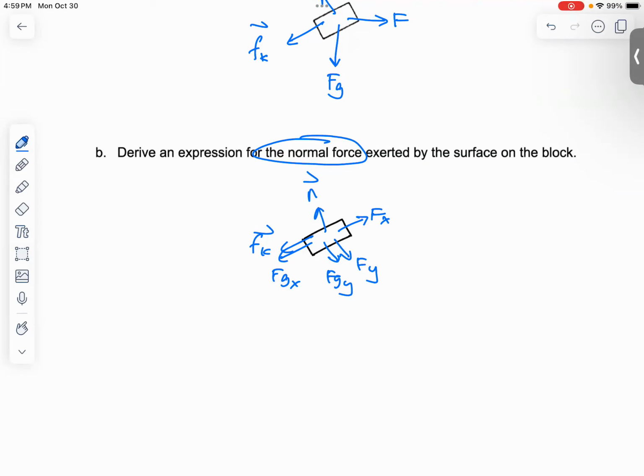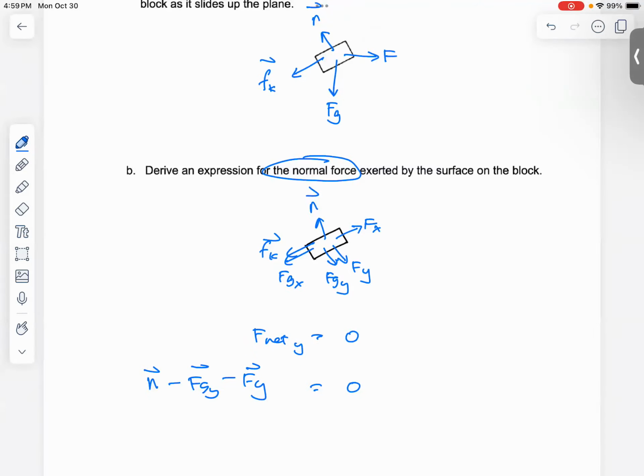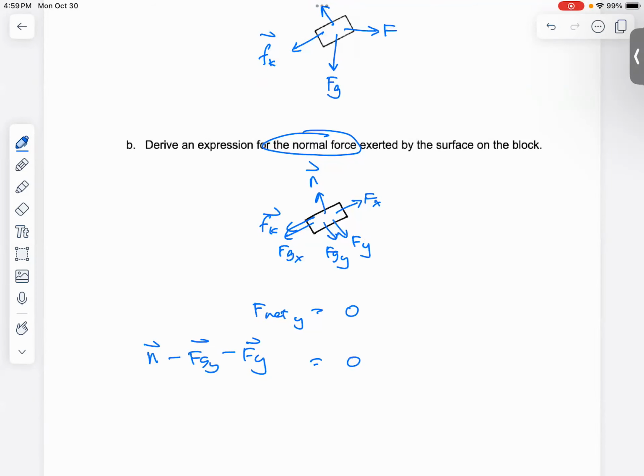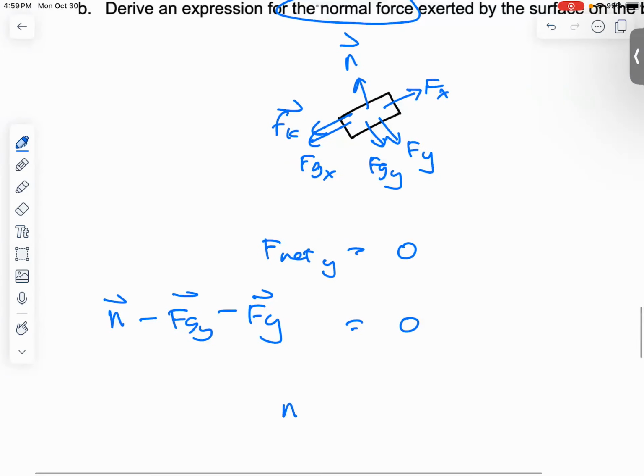What should be the first line? F net, yes. The F net in the y direction is equal to 0. So the normal force minus Fgy minus Fy equals 0. Therefore N is simply equal to Fgy plus Fy.